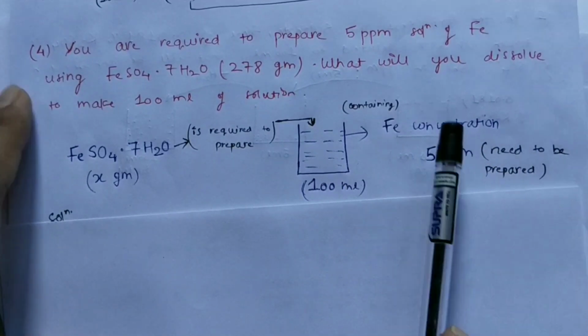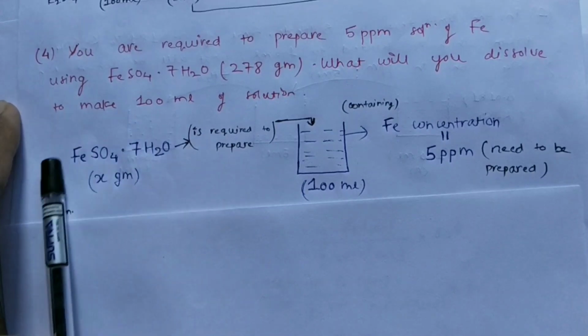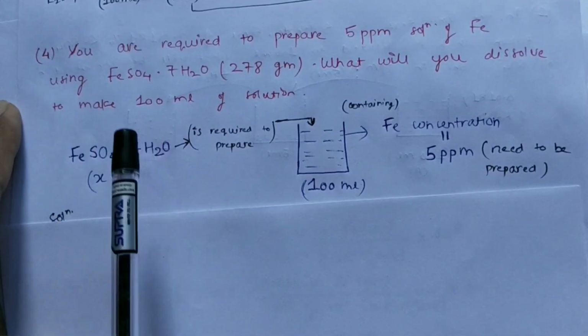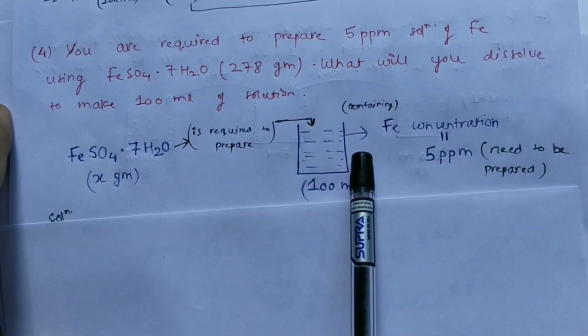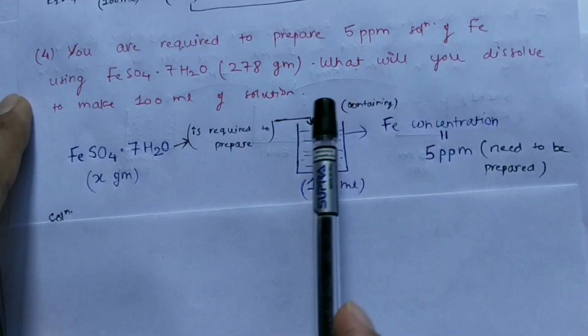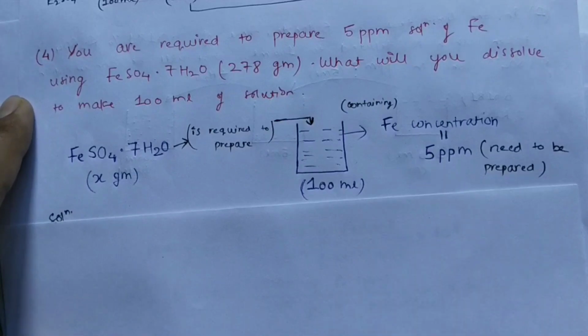So the question is asking how many gram of ferrous sulfate .7H2O should be dissolved in 100 ml such that the concentration of iron in that solution must be 5 parts per million.